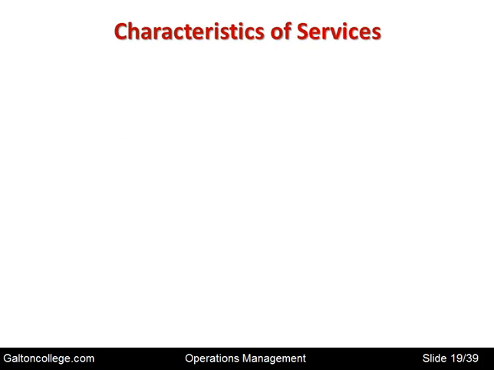Now, the characteristics of a service. Well, we can't touch a service. The service is provided. If in a law firm, a member of the law firm draws up a contract for us, the contract is not the paper it's written on, it's the actual contract that's agreed.